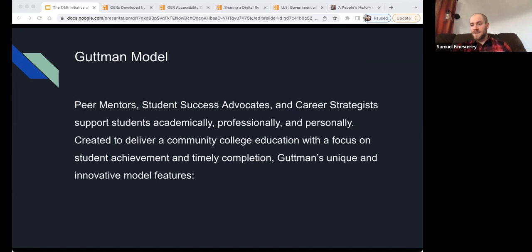This model of professors adapting to new technologies and teaching strategies enhances our work, and creating that culture of care really matters at Gutman. OER benefits from the culture at the college, as does the push to make OERs and ZTC courses, including all of the first year experience classes, accessible.